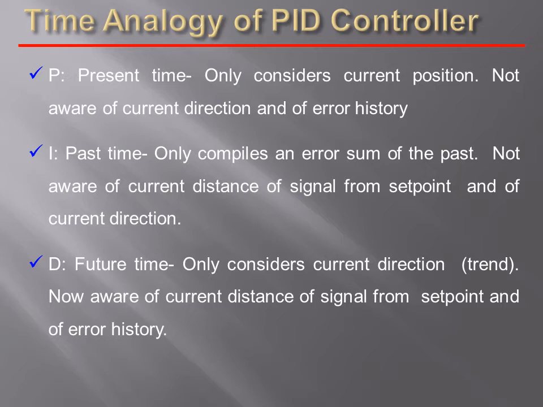The integral component contains past times, which only compiles an error sum of the past, not aware of current distance of signal from set point and of current direction. Then the D component has future time. It only considers current direction or trend, not aware of current distance of signal from set point or of the error history.